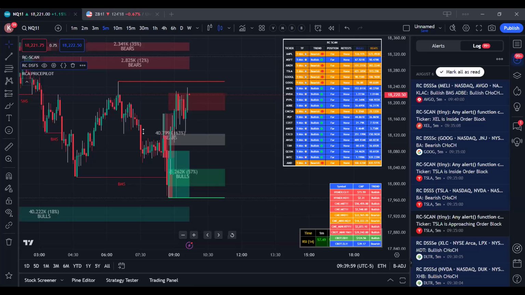Okay, NQ came to the bottom and then went all the way to the top.